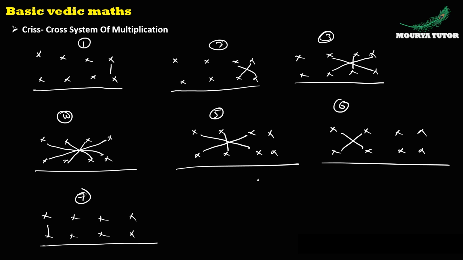Let's suppose one is given 23, one is given 101, like that. Can we apply the crisscross system here also? Yes, we can. You just need to write 0 before the 23 and use the same method. Okay, like that you can do.